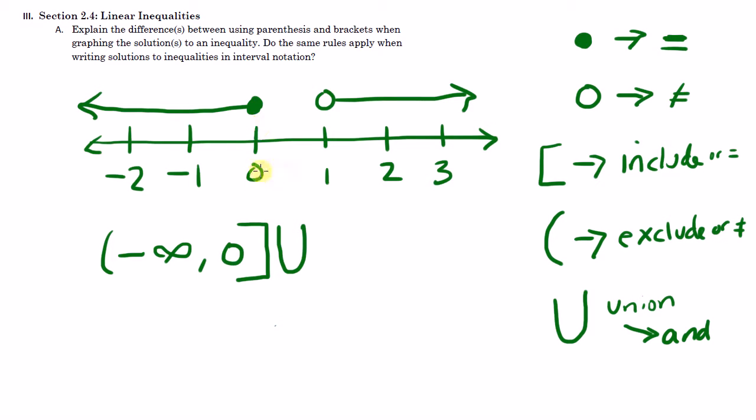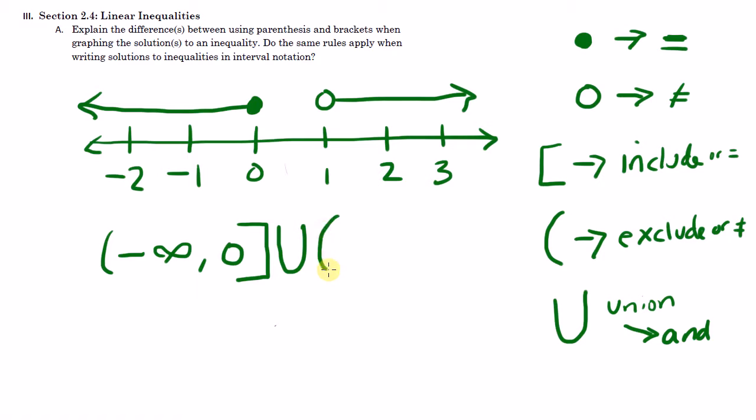I could plug 0 in, but I couldn't plug 1 in because this open circle represents does not equal to, or don't include. I could plug in values that are really, really close to 1 on the right side, the positive side, like 1.01. I just can't plug 1 in.